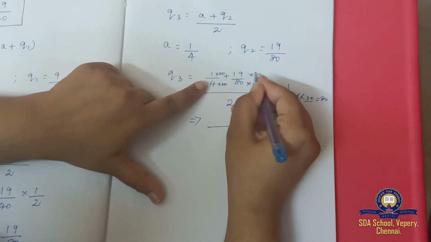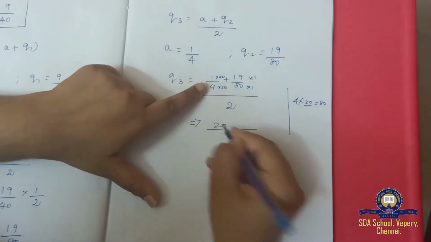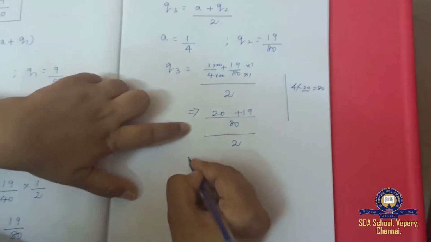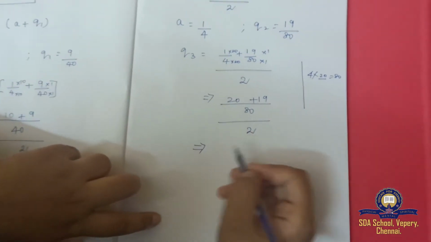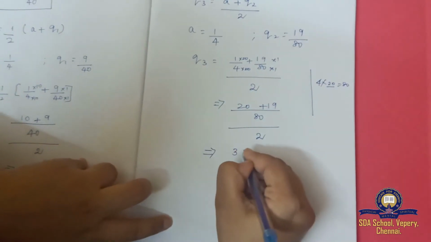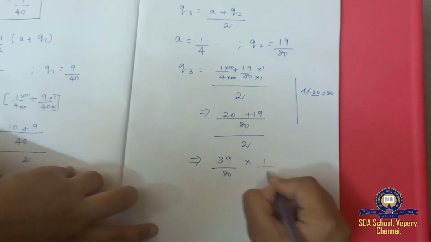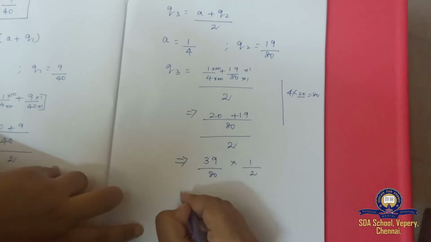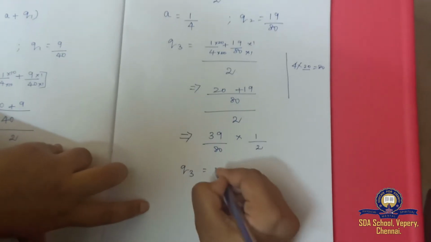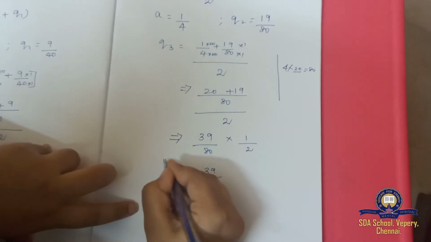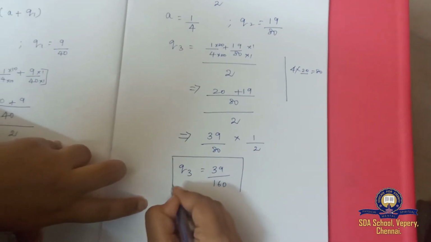So I have multiplied by 1. 1 into 20 will be 20 plus 19 into 1 is 19, divided by 2. Okay. 20 plus 19 is equal to 39 by 80 into this 2 will become 1 by 2. Get it, students? Q3 equals 39 by 160. Now box it up. Yes, you have found Q3.